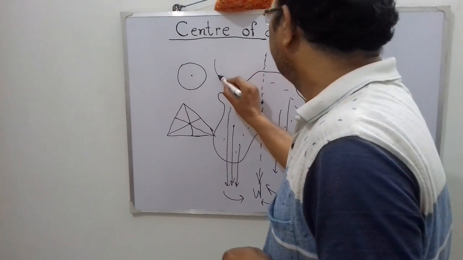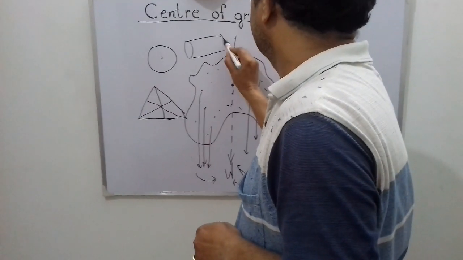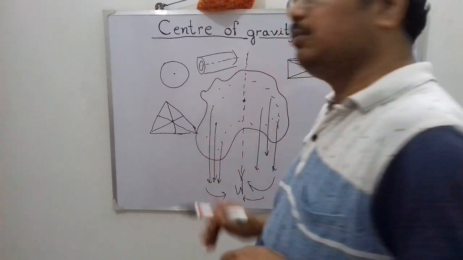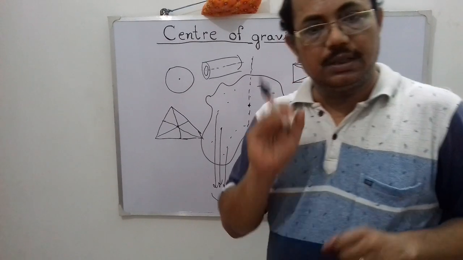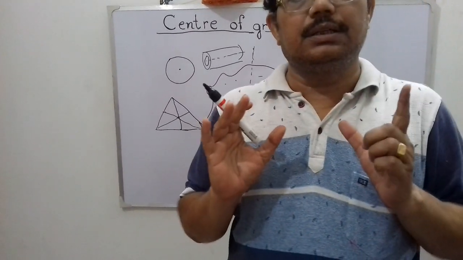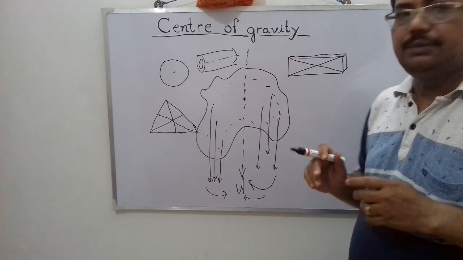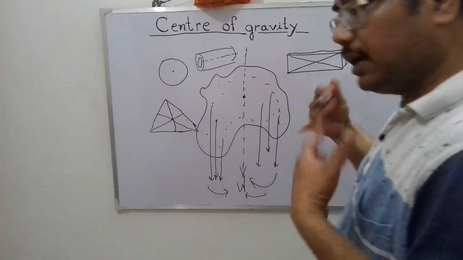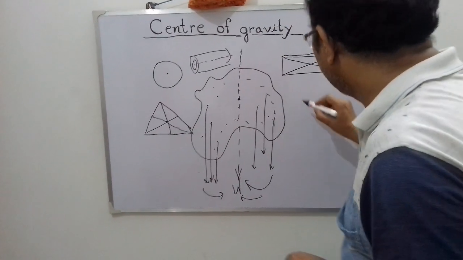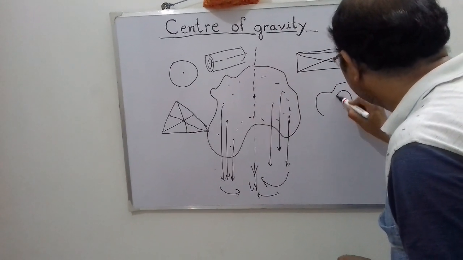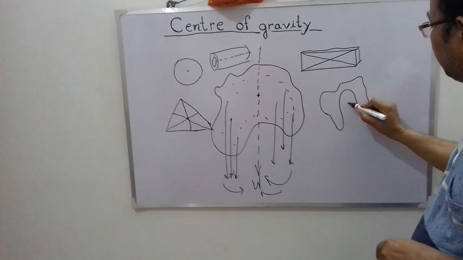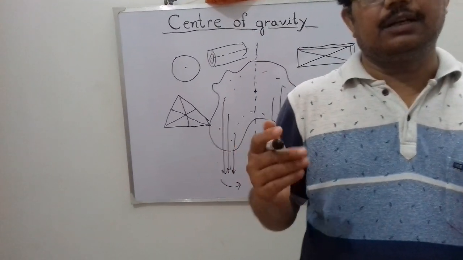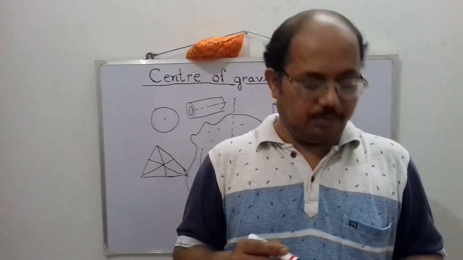For a hollow pipe, the center of gravity will be here, and for a solid pipe and hollow pipe both. But remember one thing: the center of gravity may be outside of the object or lamina. This is a lamina, and here the center of gravity will be somewhere here. So it is also possible that the center of gravity may be outside of the object.